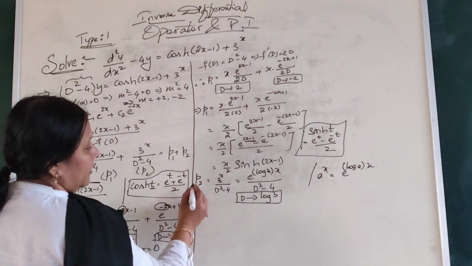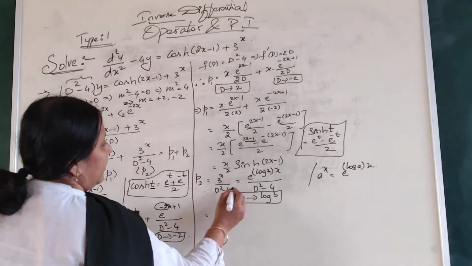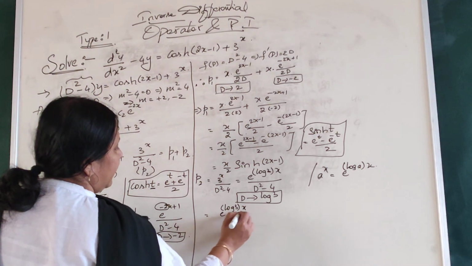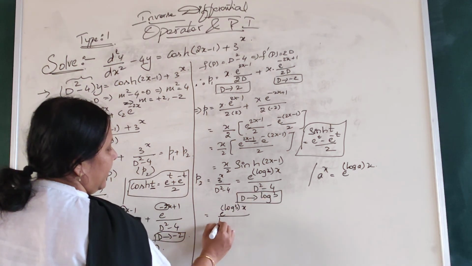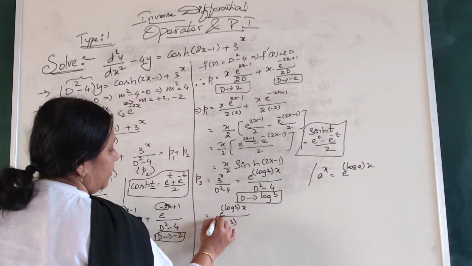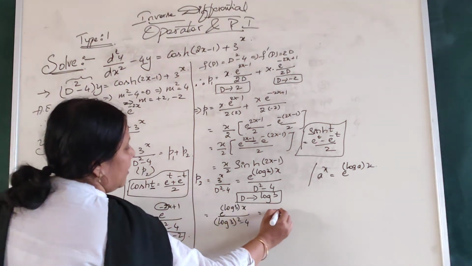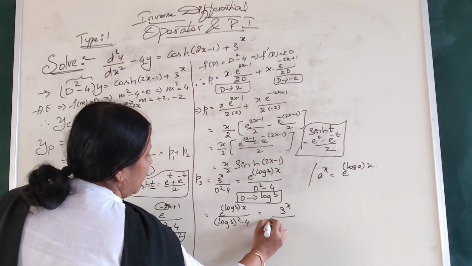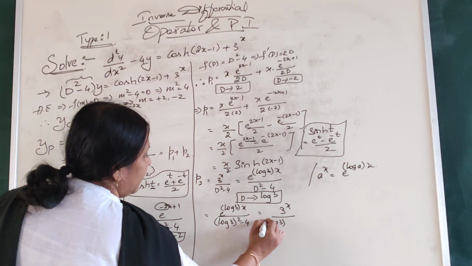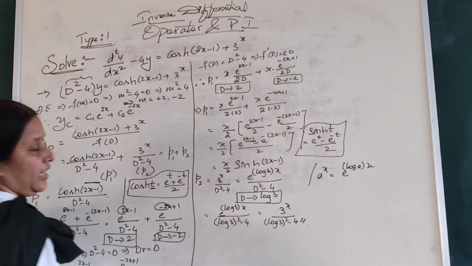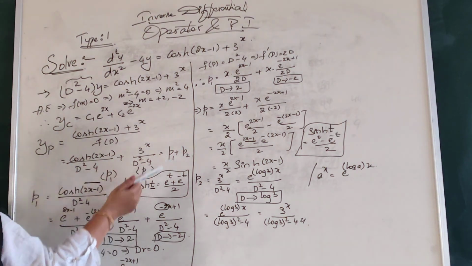So the second particular integral will be e power log 3 into x the whole divided by, instead of d I write log 3 the whole square minus 4, which is this 3 power x divided by log 3 the whole square minus 4. This is the second term in our particular integral.